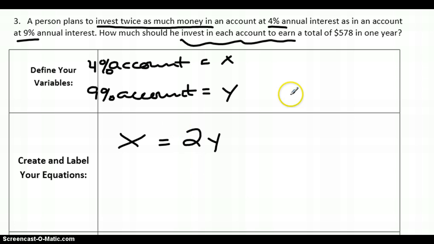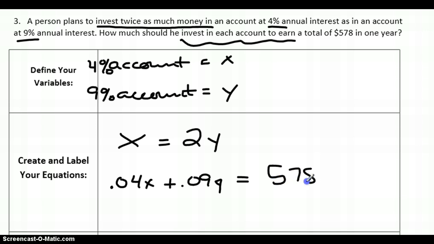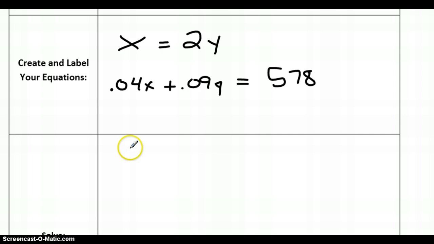The next equation is going to deal with the interest. The 4% account earns 0.04, plus the 9% account earns 0.09, and if I add those up, it's going to equal the total amount of interest. Now, dealing with decimals when I solve the equations is not my favorite thing.